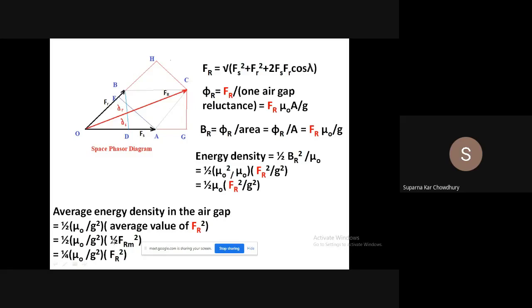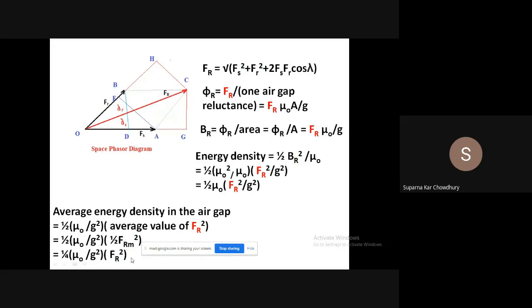Okay, so this is how the root mean square value is defined. So this is 1/4 mu 0 by G square. This FR, just symbols, is basically the peak value.